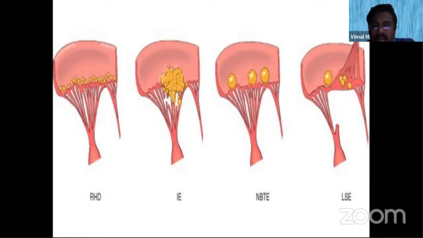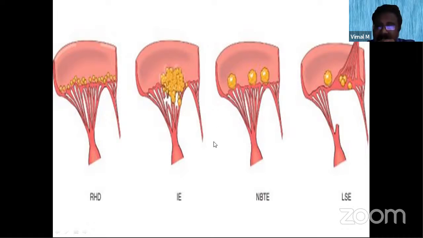Now let us see what happens in non-bacterial thrombotic endocarditis. Here also you will be getting the vegetations along the line of closure. But in rheumatic heart disease, they are very firm, small, warty vegetations, whereas in non-bacterial thrombotic endocarditis the vegetations are a little bigger along the line of closure.